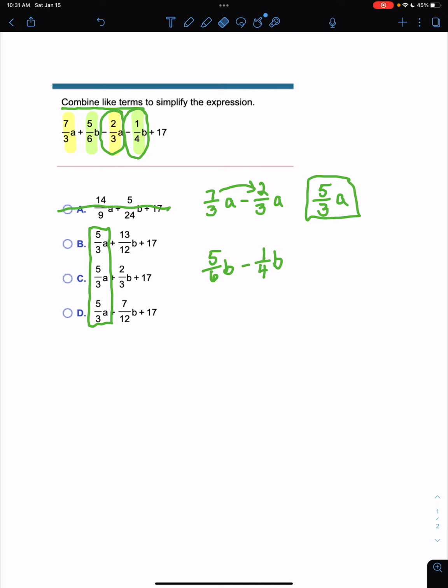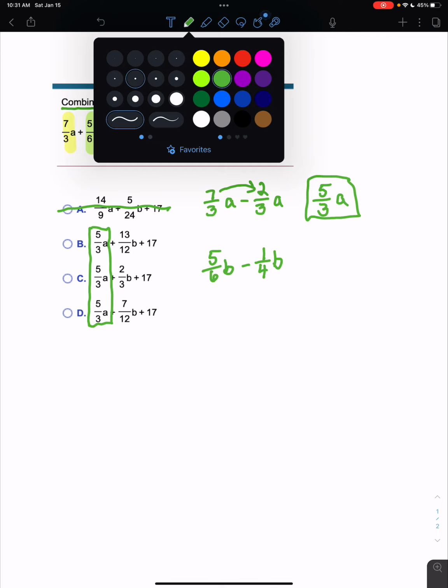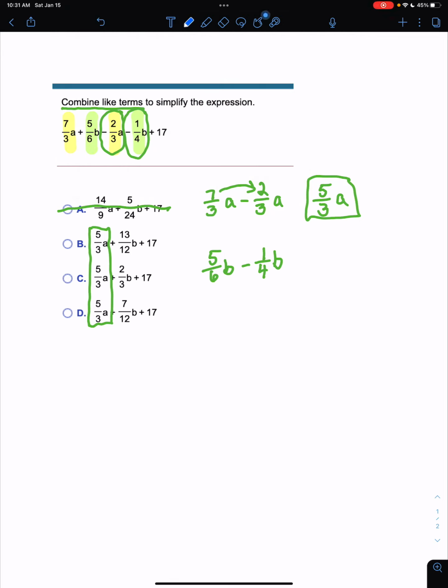Now we can go on to talk about the B terms. This is a little bit more complicated because we don't have the same denominator. So we have to do a little review of how to find common denominators. Finding common denominators means that we need to have the same number on the bottom.